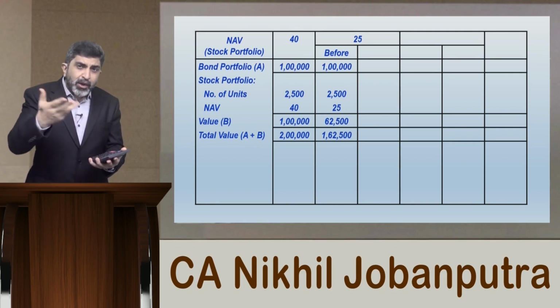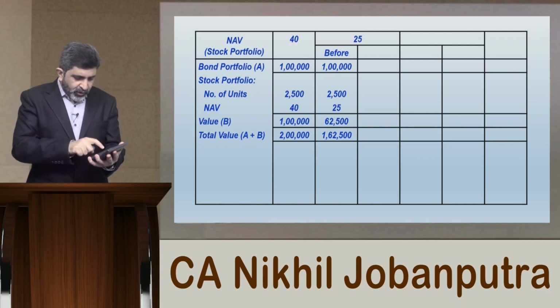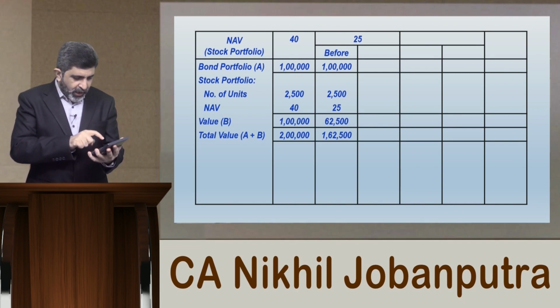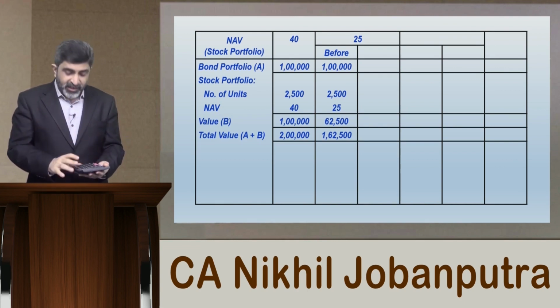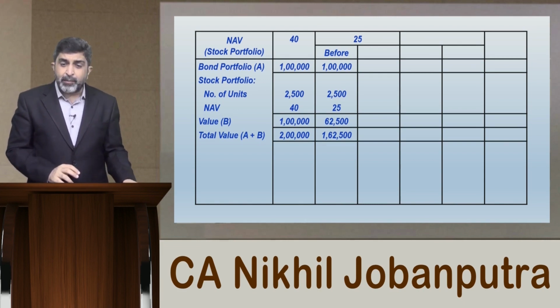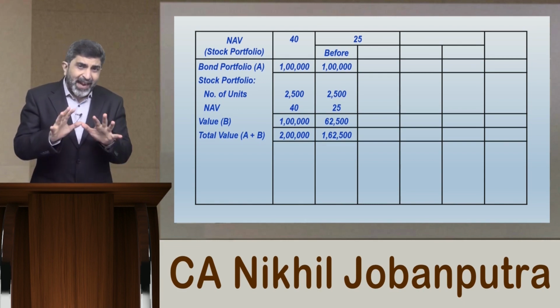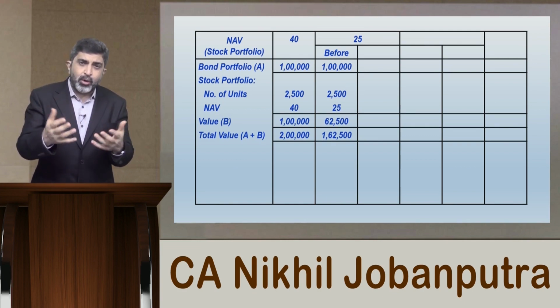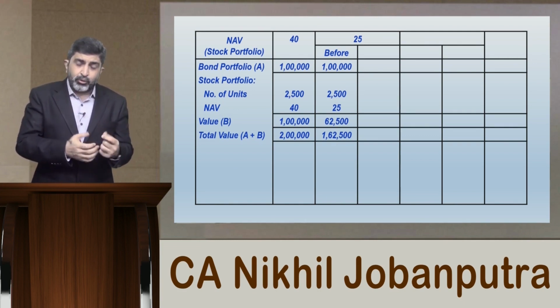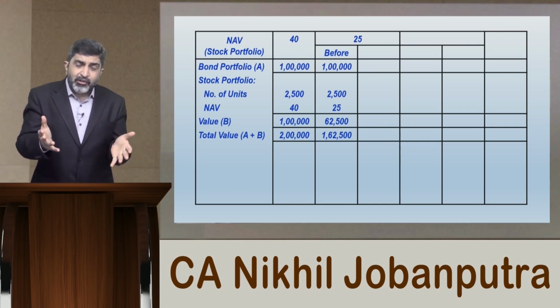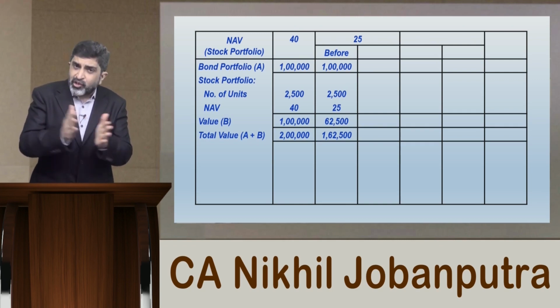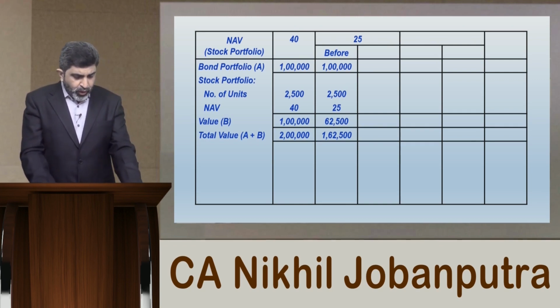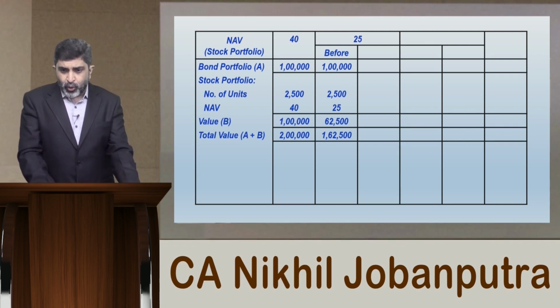So if you work out the percentage change, 15 divided by 40 into 100, it is 37.5% change. If it is 37.5% change, what was the criteria? If there is any change which is 15% or more, then you are going to rebalance. So over here this is a substantial change, 37.5% change in the NAV. Of course you are going to rebalance your portfolio.